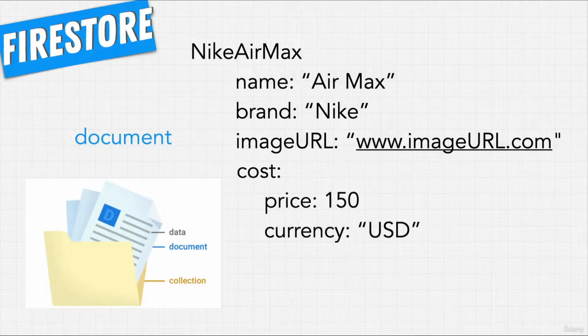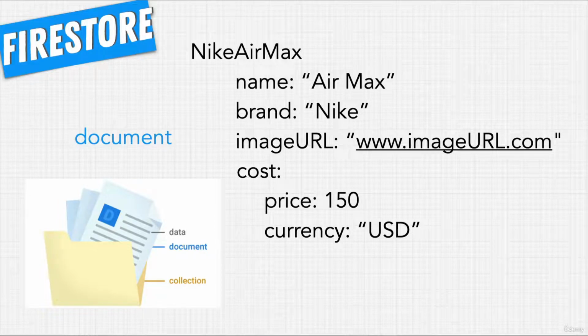Now, if you look inside of this model, sometimes some of these fields may be nested. So cost might actually be another JSON object. What we saw with name, brand, and image URL is a single level, meaning that it just points to one value, in this case being strings.